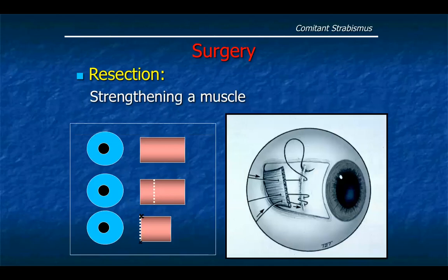Or we strengthen a muscle by resection, where we cut part of the muscle and then we suture the muscle back at its anatomical insertion. So now a shorter muscle is crossing the same distance between the anatomical insertion and the origin. And this short muscle will be stretched or very tight. And this tightness will strengthen the muscle.